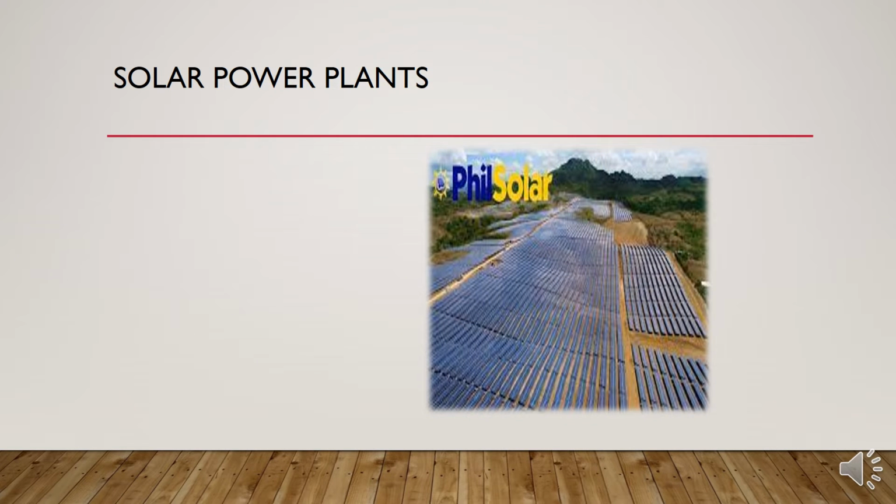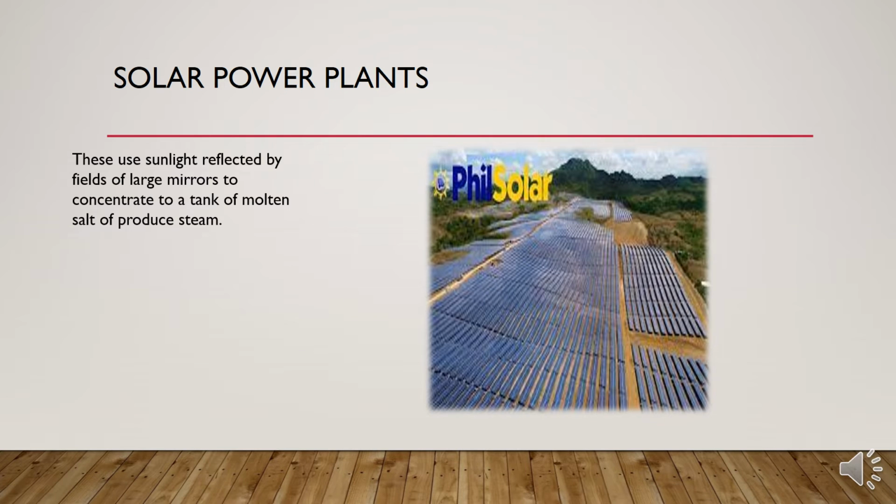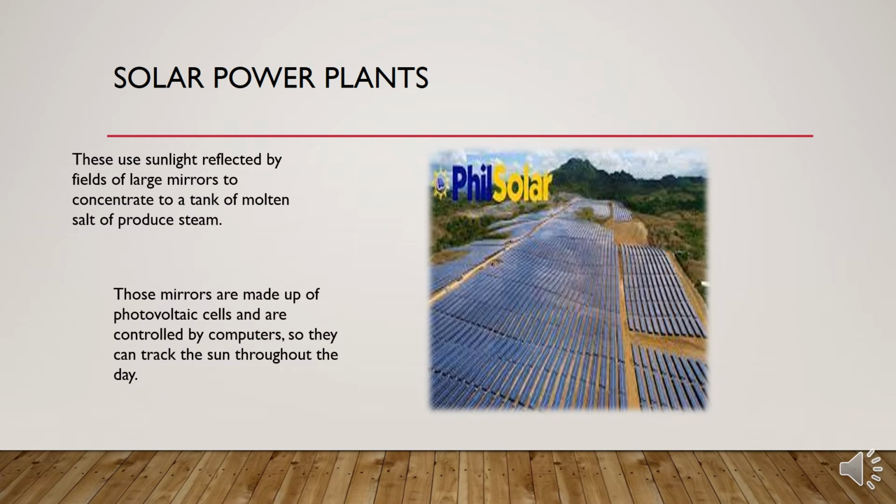And solar power plants. These use sunlight reflected by fields of large mirrors to concentrate on a tank of molten salt to produce steam. Those mirrors are made up of photovoltaic cells and are controlled by computers so they can track the sun throughout the day.